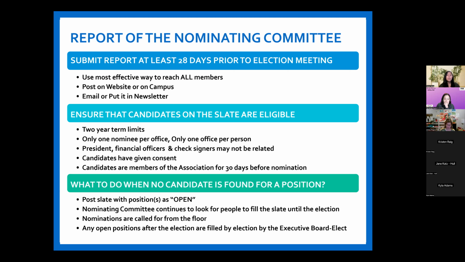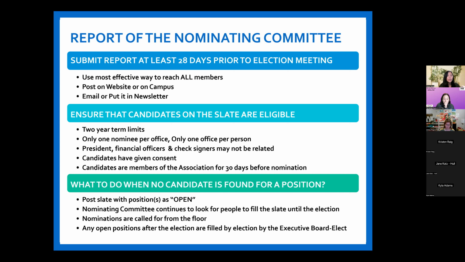So you could put it on your website, but if your website PTA thing is tucked away in a tab that nobody ever looks at, then nobody will ever see it. So you might want to also send an email. If you're on campus, especially like elementary, you might want to post it on your bulletin board. You can put it in your newsletter. The way that you can get it out the best to all of your members.